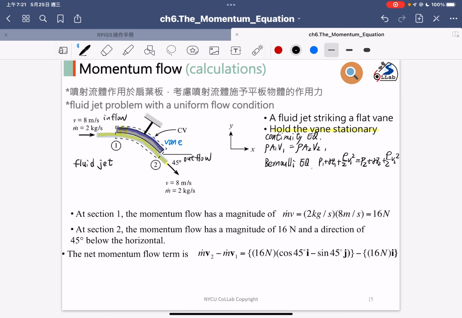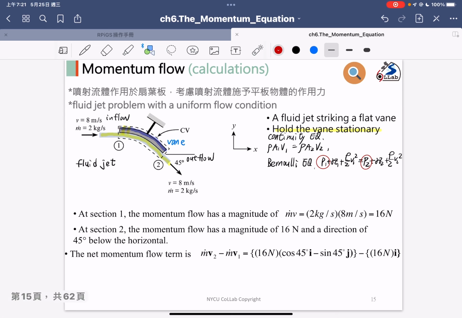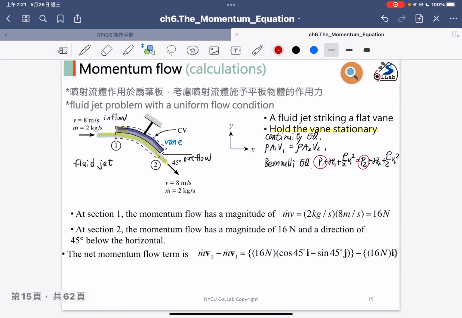As we know, P1 will equal P2 because they are exposed to the atmosphere, so the gauge pressures of P1 and P2 are equal to 0. And we neglect the elevation difference between 1 and 2.